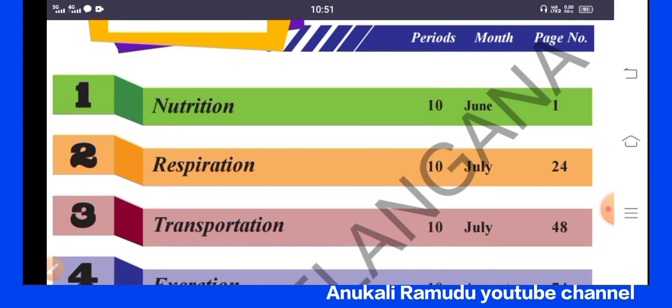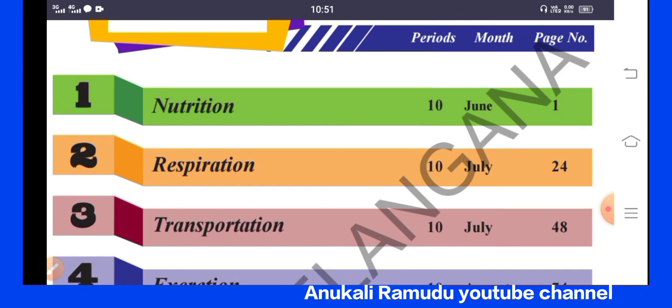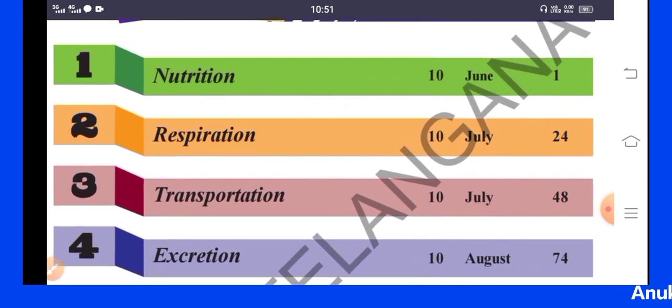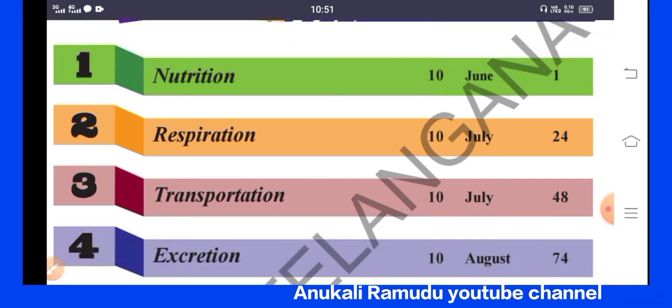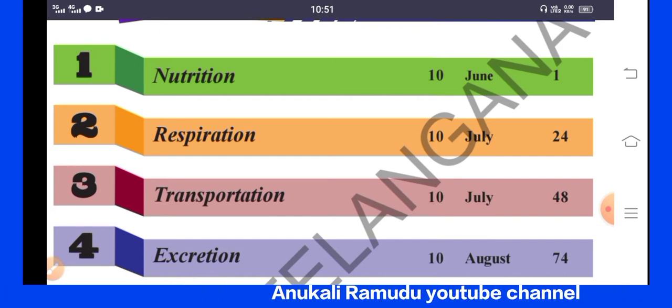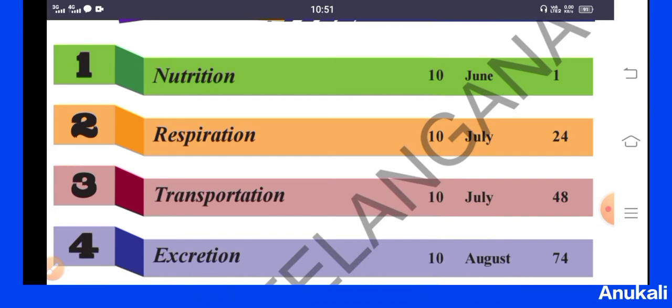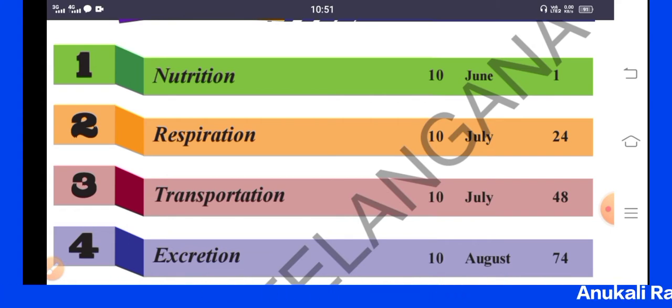Generally nutrients are proteins, carbohydrates, fats, and other chemicals. Nutrition plays a major role in the survival of all kinds of living organisms.